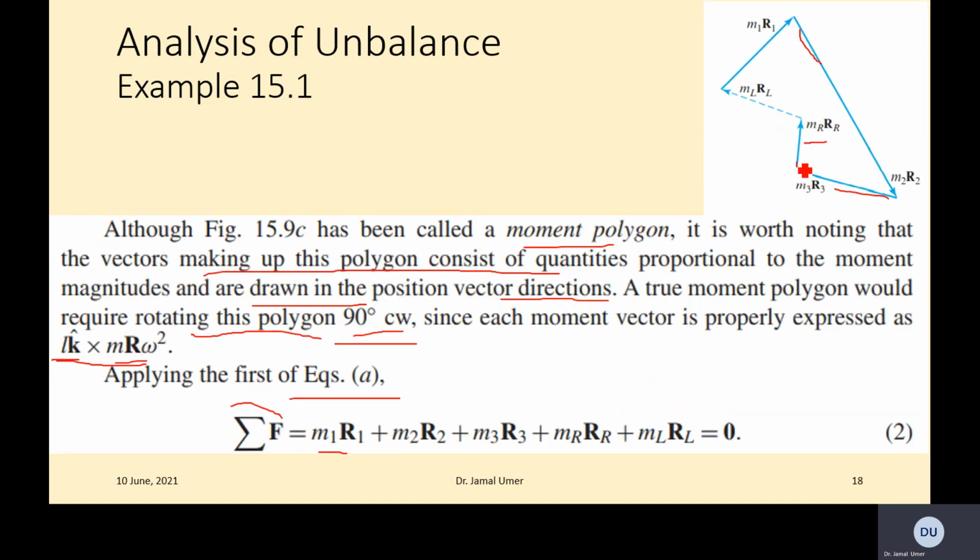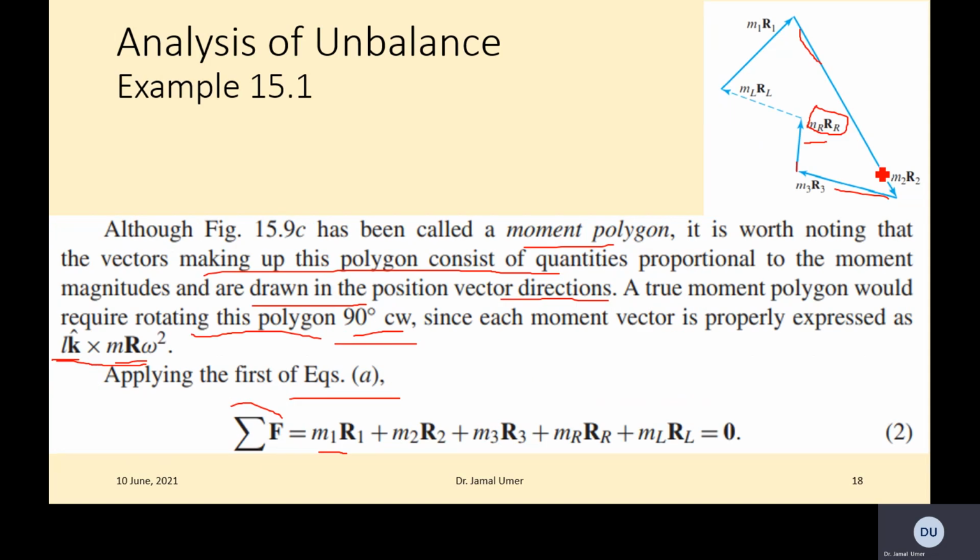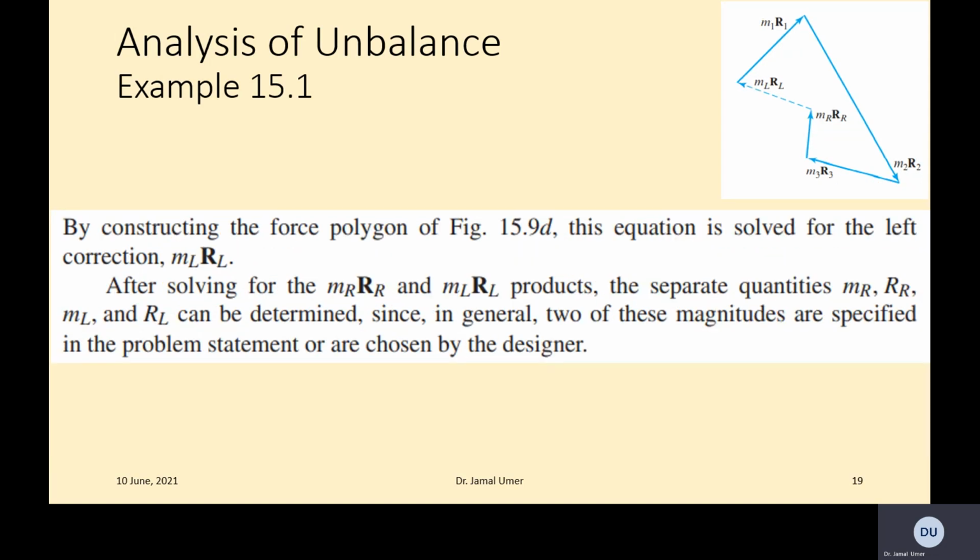Now this is being used from the first part, MR RR basically. So what you have determined from here, you use that one. And then the resultant will complete the polygon. This will be the left side. So from this analysis we can find out, because this is the only unknown from this whole vector. From the whole equation you can find it out basically, right?